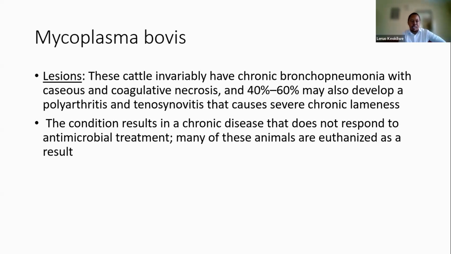The lesions that you would see with Mycoplasma bovis infection are chronic bronchopneumonia with caseous and coagulative necrosis. And a lot of the animals, 40 to 60%, about 50% may develop polyarthritis or tenosynovitis, which causes severe chronic lameness. And the condition results in chronic disease and does not respond to antimicrobial treatment.